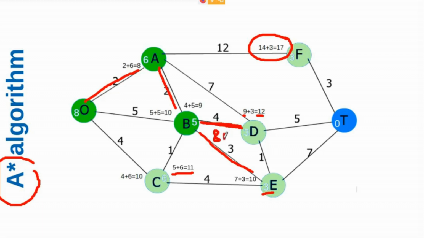And then we are expected to add the heuristic here, that is a 3. 8 plus 3, right? So we have an 11 in here, right? So the choice must be E, because it's the minimum value of the list. 11 here, 10 in here, 12, 11, and 17.